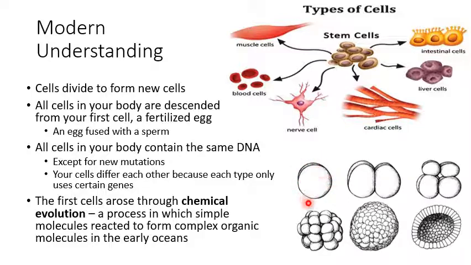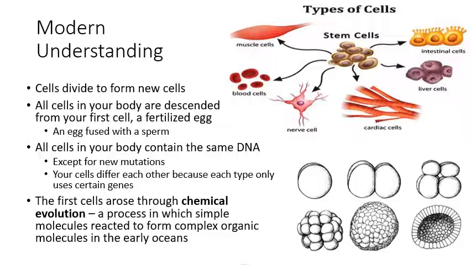So when this first cell divides, it makes that second cell in the back. Then all the cells start dividing. So both of these two cells will divide to make 2 more cells. Then all 4 of these cells will divide to make 8 cells. And this process will continue until you form a ball of cells. And then it starts making structures. And from there you eventually get an embryo and a fetus and then a person.